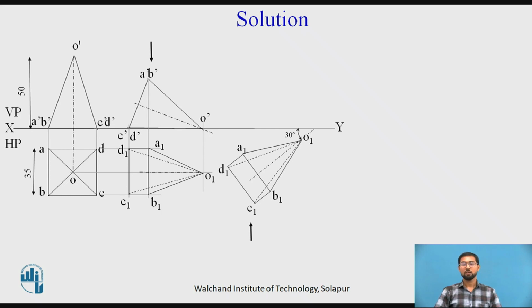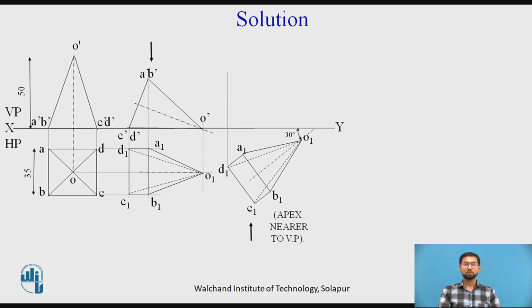So away from the observer, or nearer to the XY line, or nearer to the plane will be the case of this condition. Similarly we draw the fourth view in the fifth view, just with the axis tilted at 30 degrees. So let's move ahead.